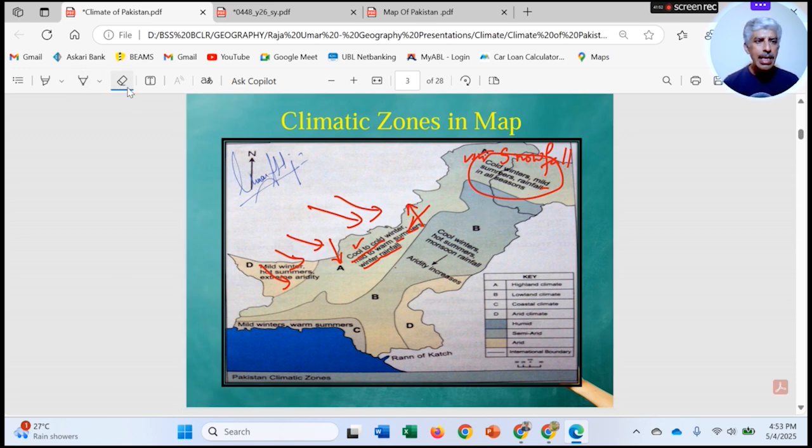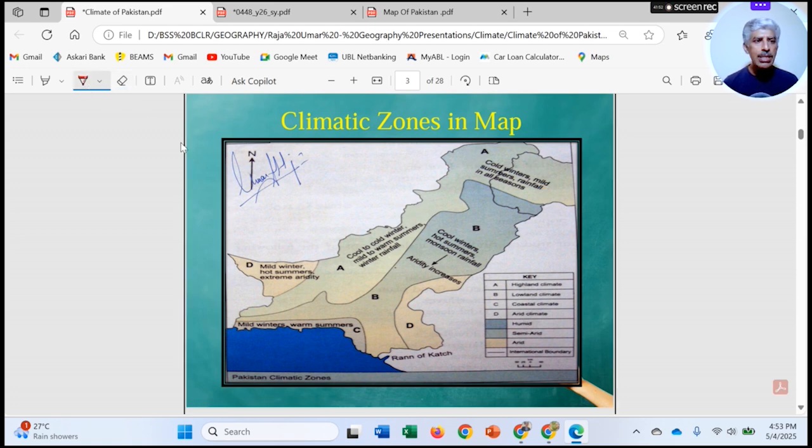So even in a single climatic zone you find certain variations. The syllabus says you should know those variations in temperature and rainfall in different regions of Pakistan. It's all A, but the variation is there if you compare these two. These areas are really very cold and these areas are quite mild in comparison.